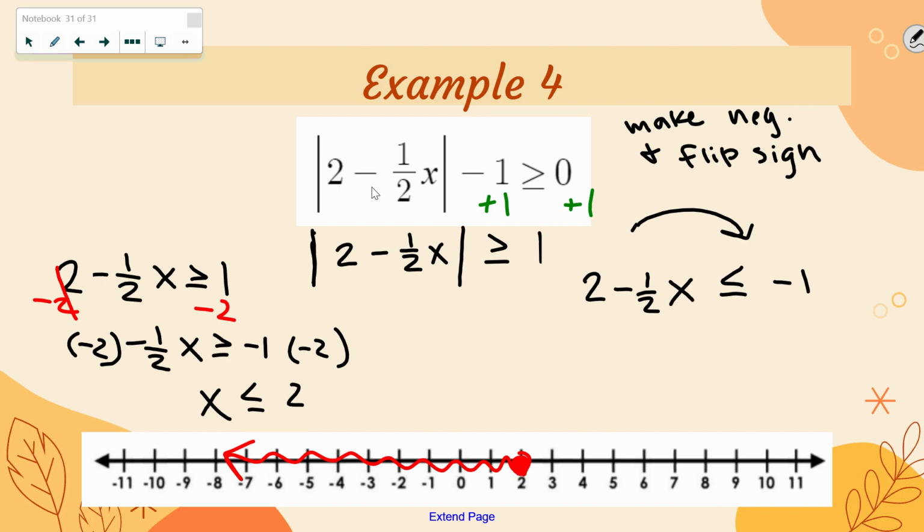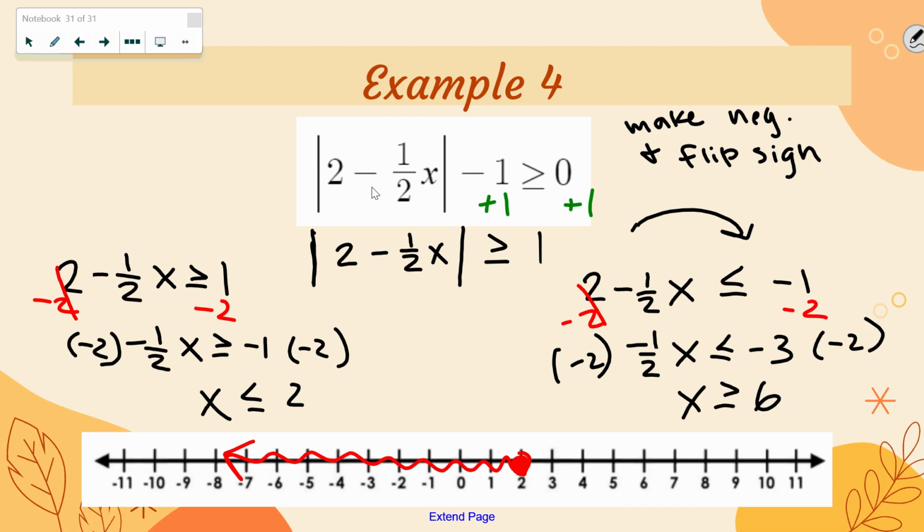Alright, so take a minute and finish solving this one on your own. Alright guys, so you should find x is also greater than or equal to 6.